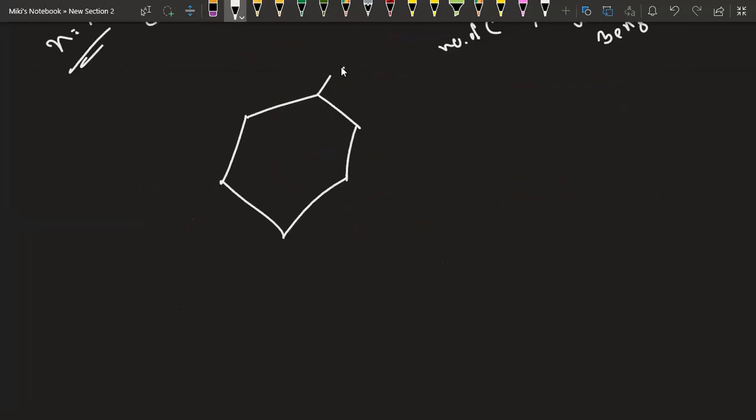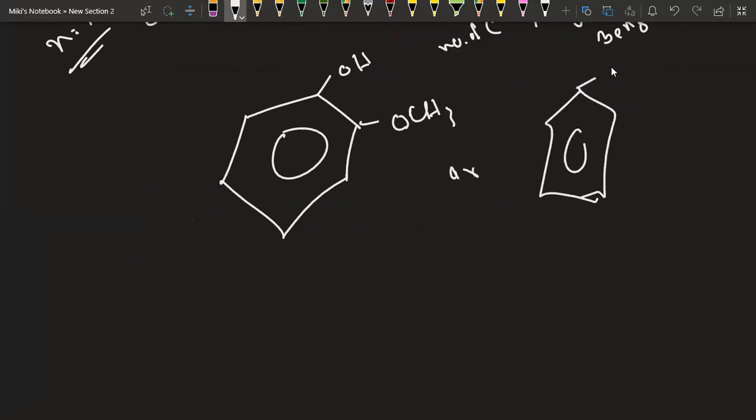This is OH, and there's an OCH3. You can place it here, or you can also place it over here. But remember, from phenol, the OCH3 should be in either the second, fourth, or sixth position. Any one could be.